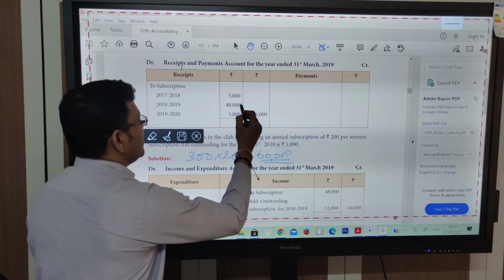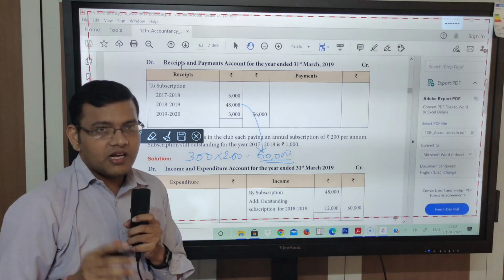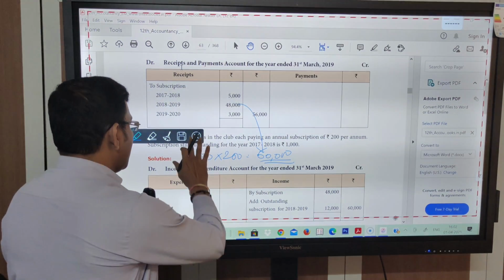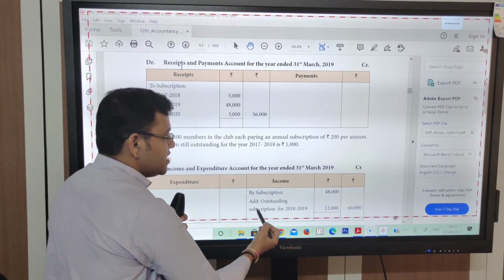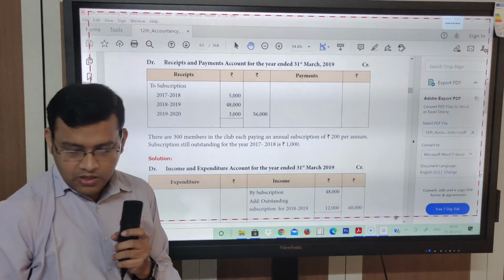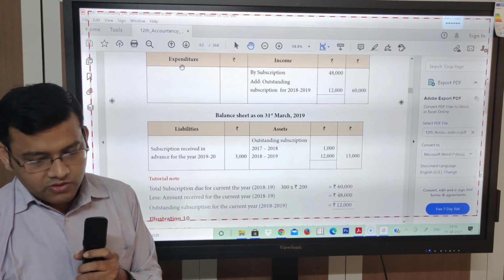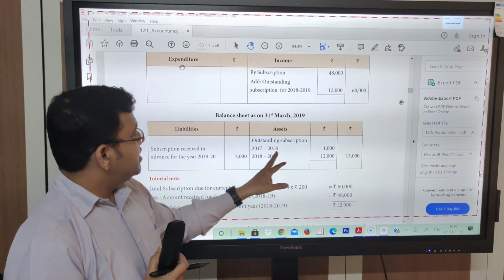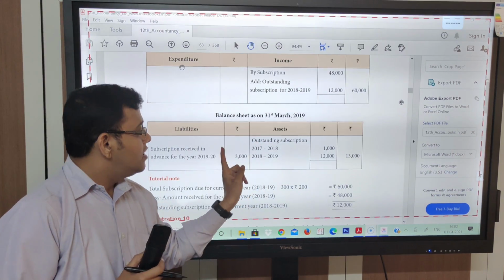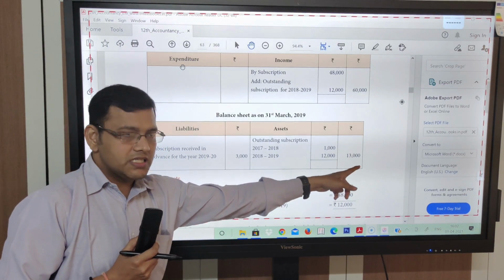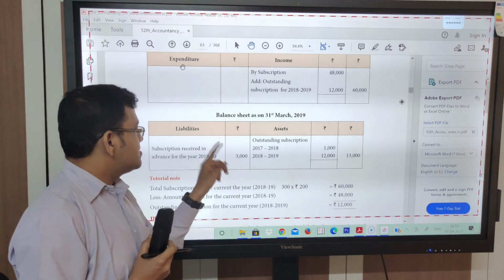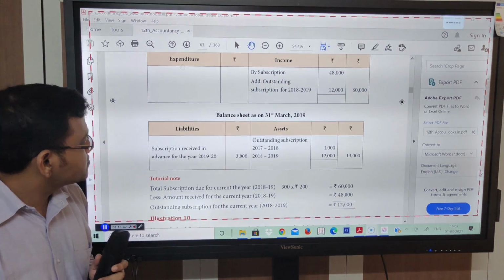But you received only 48,000. That means 12,000 is not yet received, and that is outstanding. So that is what is shown over here. So 48,000 received, add outstanding, and 60,000 over here. So in your balance sheet, you will be showing 1,000 rupees which is outstanding, and 18-19, which is now for this year outstanding. So total outstanding is 13,000. Received in advance is 3,000.